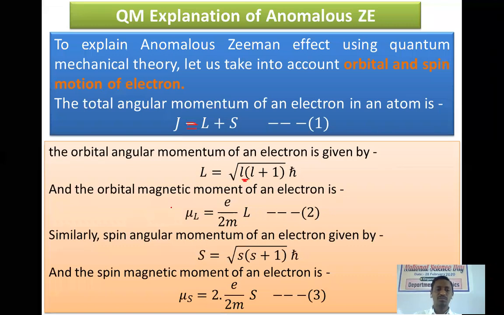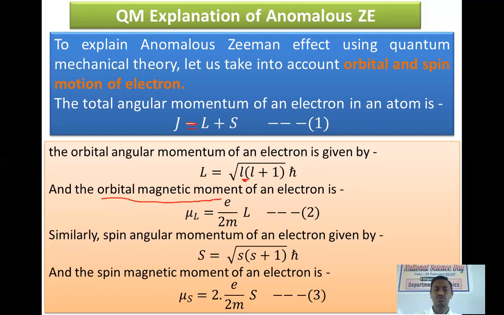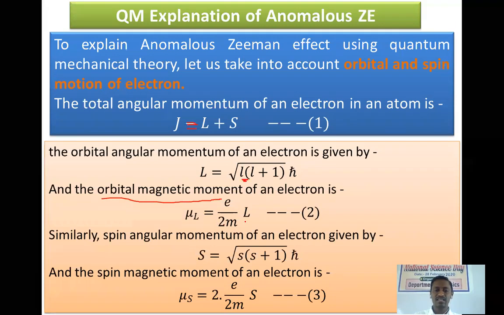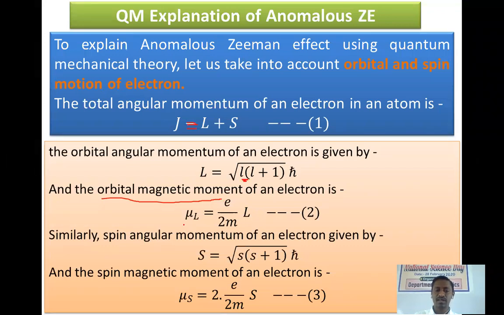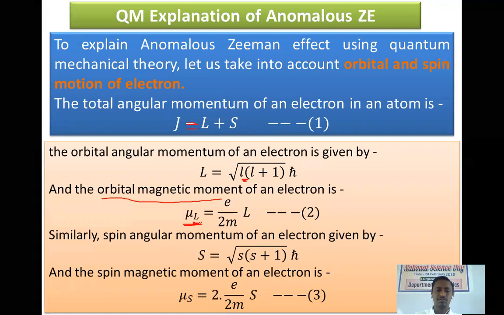From the orbital angular momentum, we can calculate the orbital magnetic moment mu L, which equals e by 2m times capital L. As I told you in the previous lecture, the magnetic moment equals the gyromagnetic ratio times the orbital angular momentum. Here L is used to represent the orbital motion.